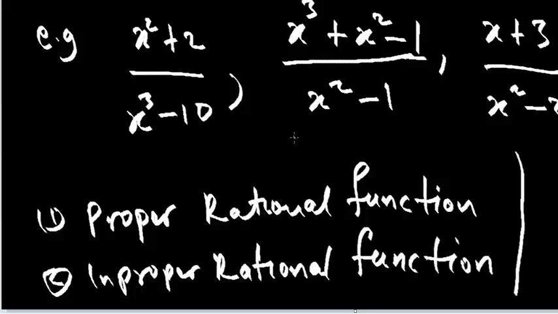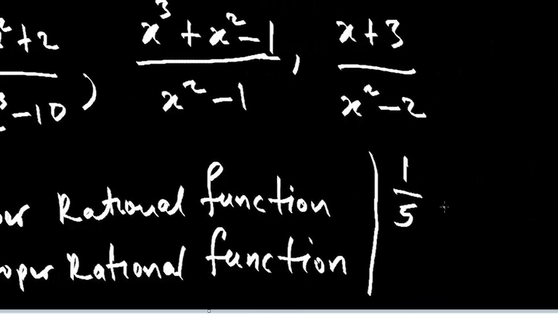If you look at the rational functions, you see that they are fractions. Just as we have proper fractions and improper fractions, so do we have proper rational functions and improper rational functions. You know that a proper fraction is a fraction where the numerator is less than the denominator. An example is 1/5, which is a proper fraction. Then we have 7/15. All these are proper fractions.